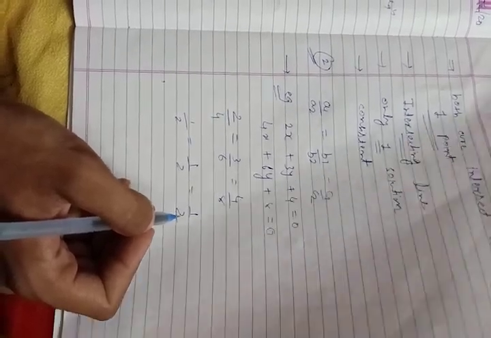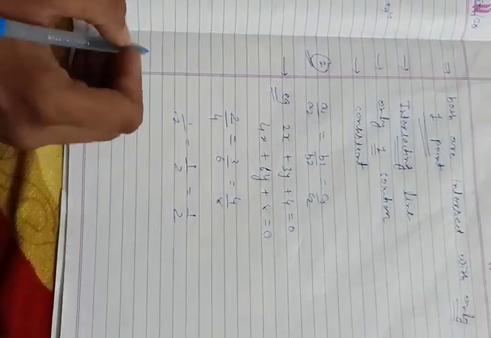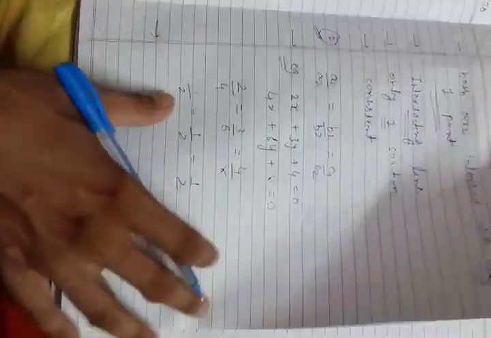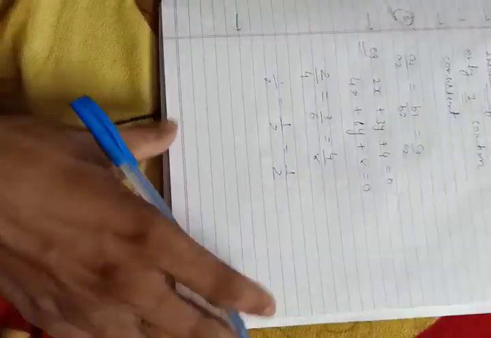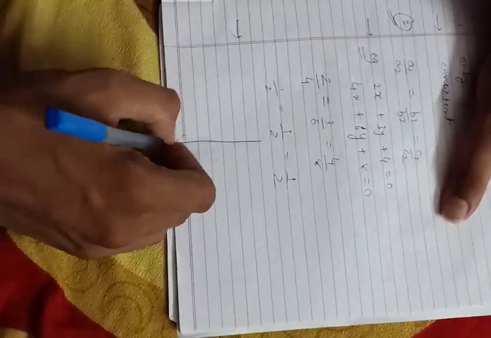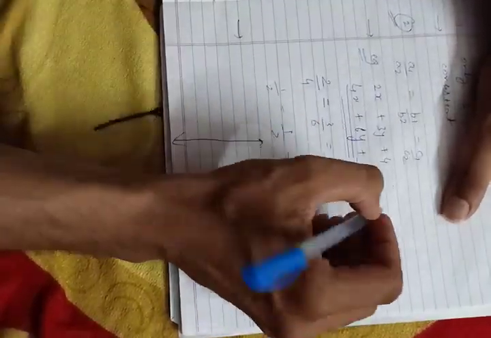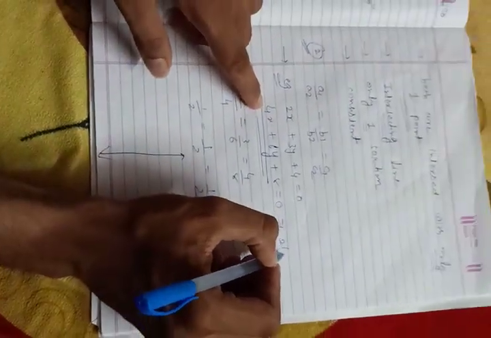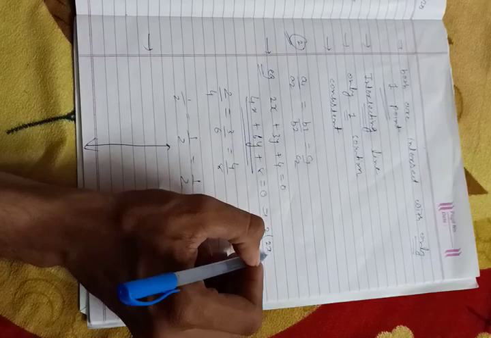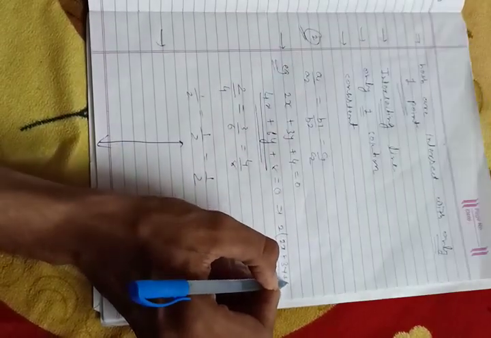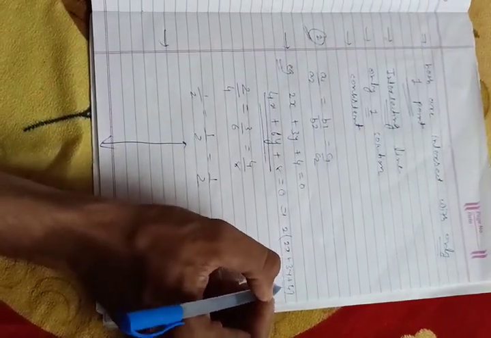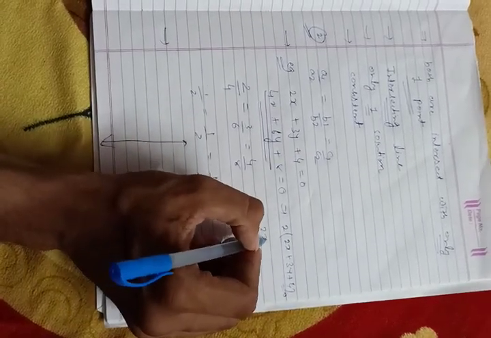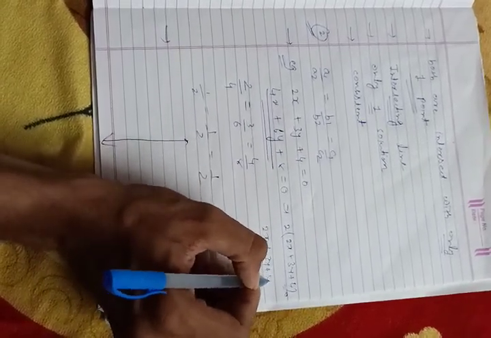See here, what is the graph of this? Both equations are the same, because if you check this equation and take out the common factor 2, the remaining terms are 2x plus 3y plus 4 is equal to 0.